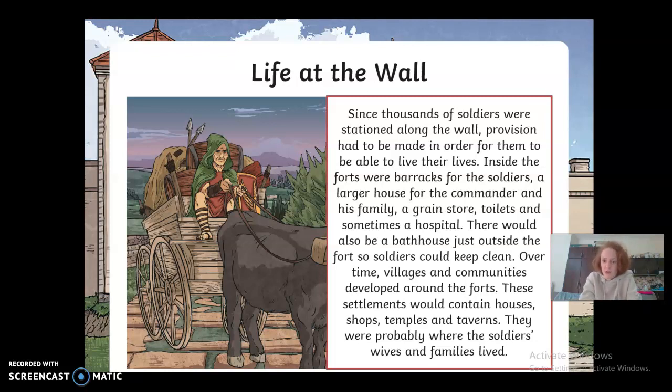These settlements would contain houses, shops, temples, and taverns. They were probably where the soldiers' wives and families lived. Obviously, the soldiers could not take their family to the wall, except for the commander, who had his own house inside the wall. But the soldiers' families could live outside the wall in small towns and settlements.